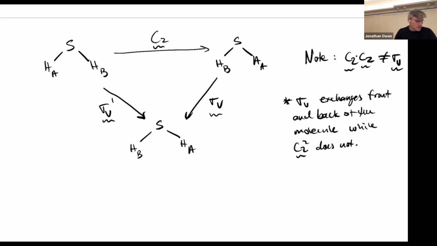Right, C2 twice is really E. So in other words, sigma V is not the same thing as E.